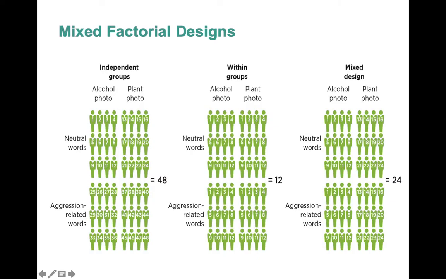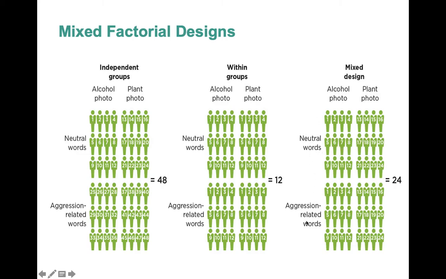So let's just add a mixed design to our example here. We've got the same 2 by 2 design where we've got photo type as well as word type. In this case, the photo type is the between group variable. So you'll notice that we've got participants 1 through 12 in the alcohol photo condition, and then participants 13 through 24 in the plant photo.